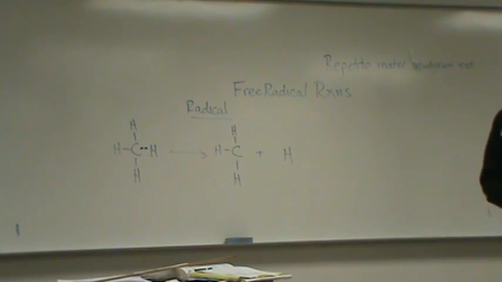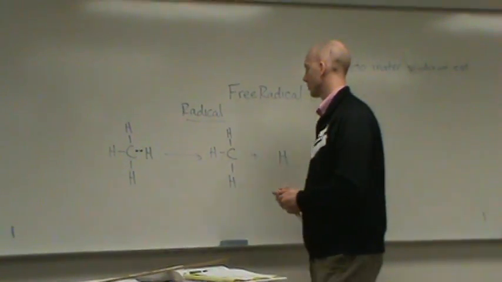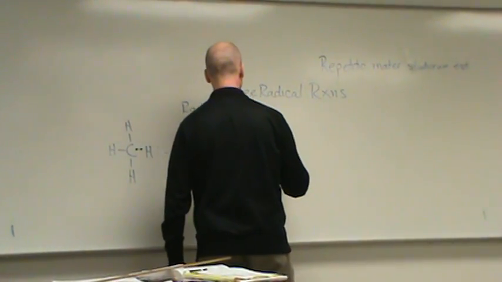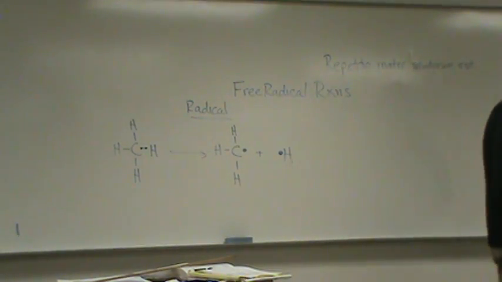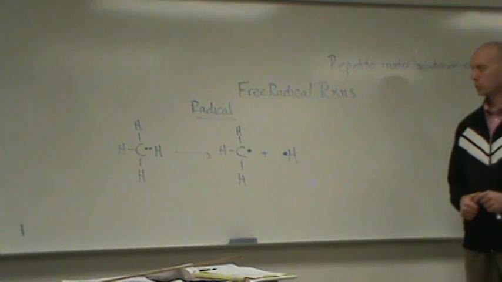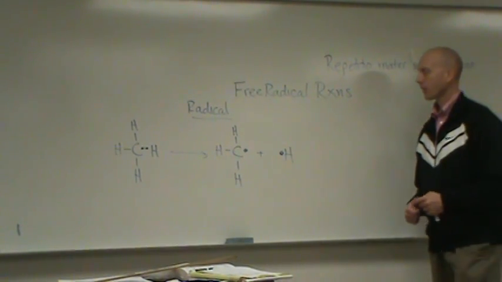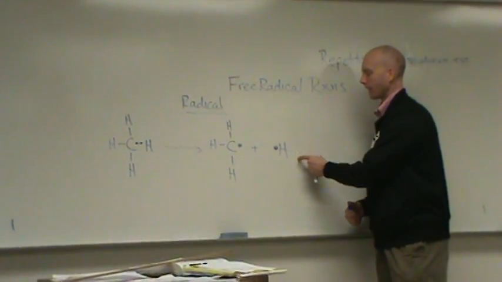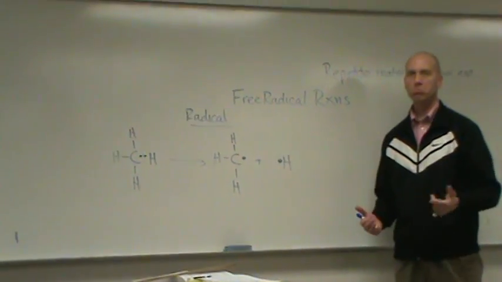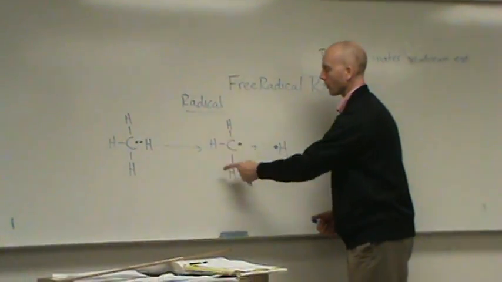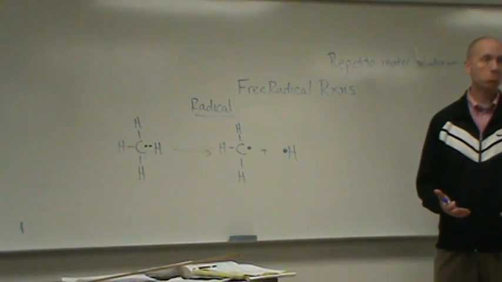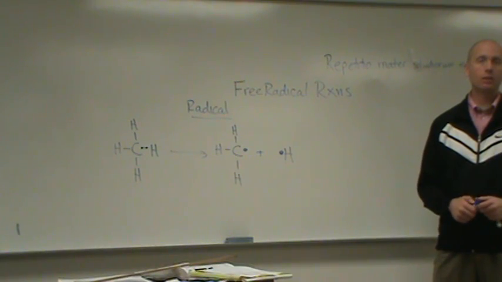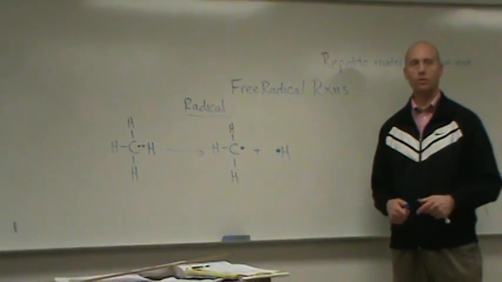And what do I need to put on that to make it complete? An electron. We'll put a juicy electron on each to make those radicals. Here you might call this a hydrogen radical. What might you call this thing over here? What's a CH3? Methyl, so call it a methyl radical.